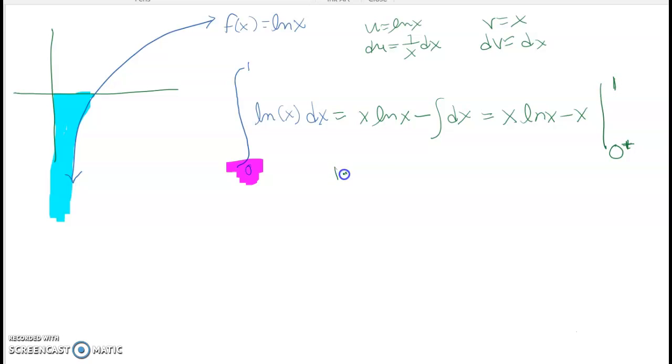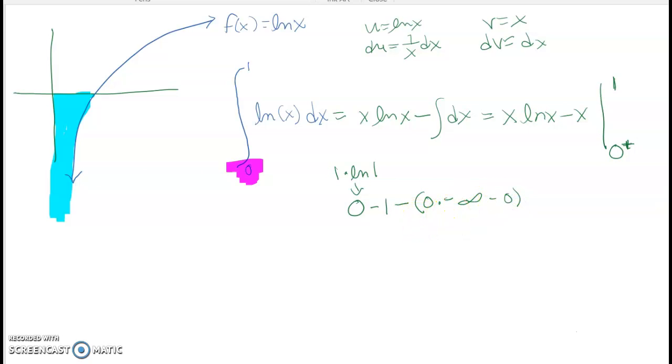So I'm at 1 times ln of 1. Oh, that's 0. I'm just going to jot that down. Minus 1. And now minus, when I plug in 0, 0 times, oh, ln of 0 from the right. Oh, that's negative infinity. Minus 0.